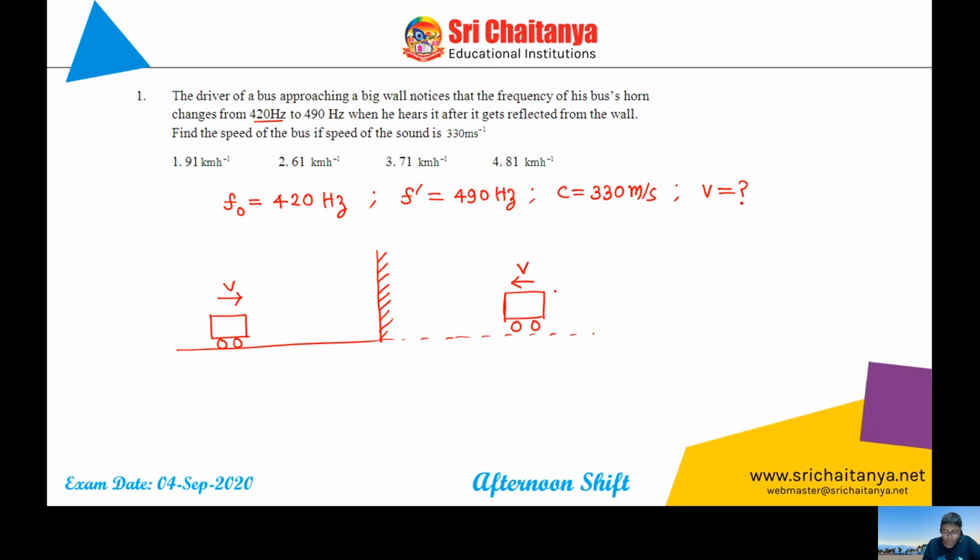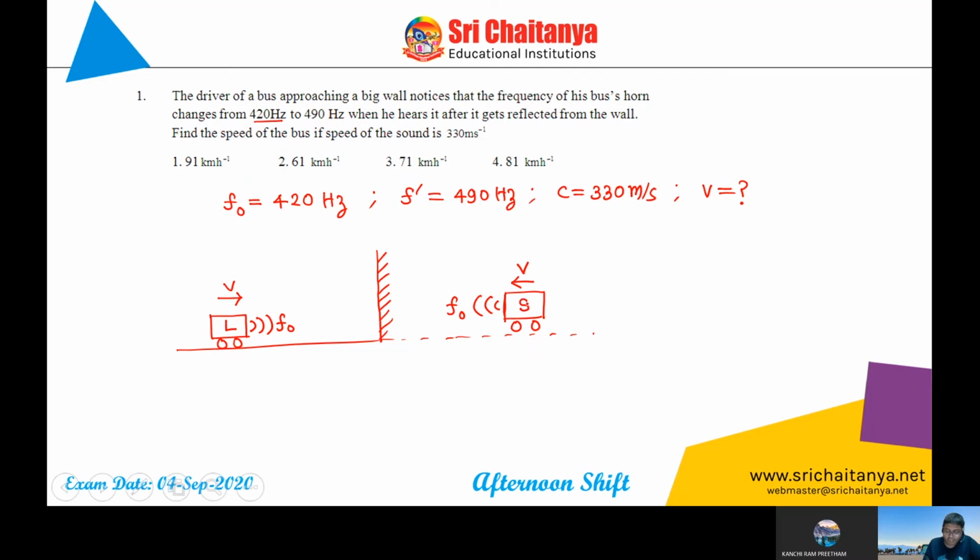Now, in order to find the frequency of the echo, since this bus is emitting a frequency of f naught, you can imagine its mirror image to also emit a frequency of f naught. And in order to calculate the frequency of the echo, we can treat the original bus as the listener and the mirror image bus as the source.